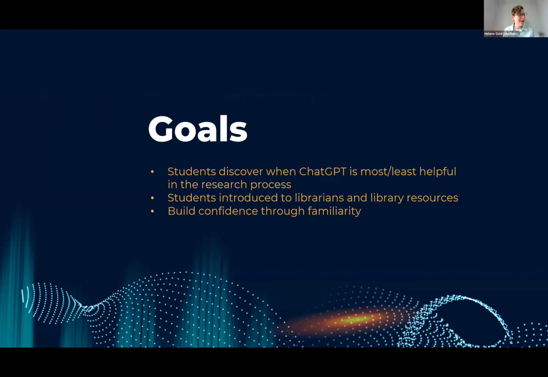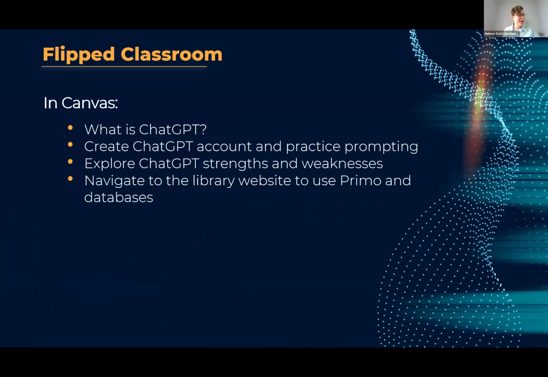So our goals are for students to discover when ChatGPT is most and least helpful, to introduce students to librarians and library resources, and to build confidence through their existing research familiarity.